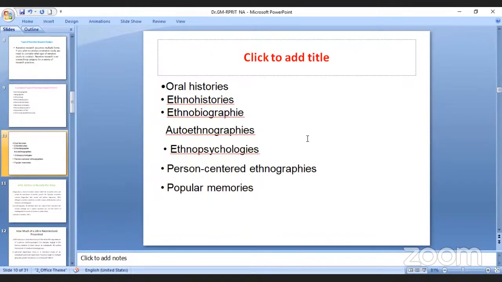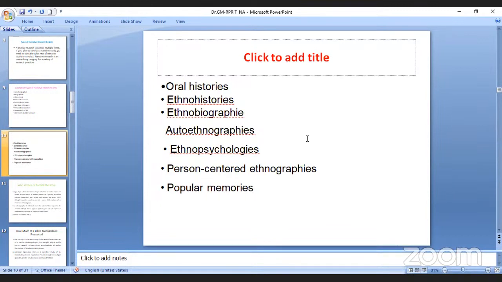Then oral histories, ethnohistories, ethnobiography, autoethnobiographies, ethnopsychologists, person-centered ethnographies, popular memories. What are oral histories? Oral histories means there is no documentation.